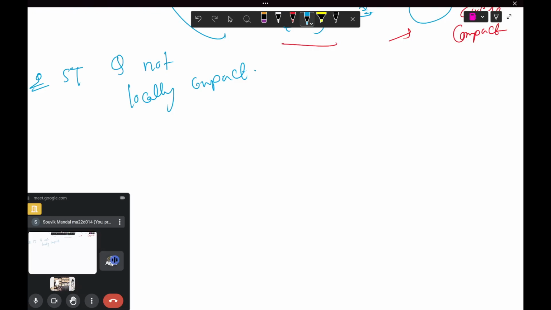Do we consider it as a subspace of R? Yes. Is each rational point an open singleton in Q?